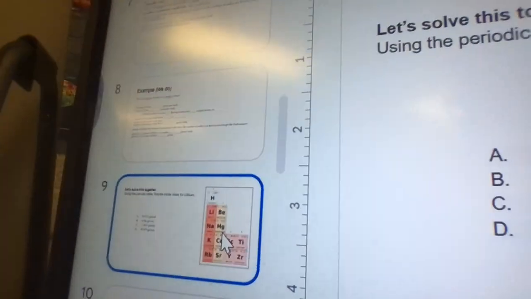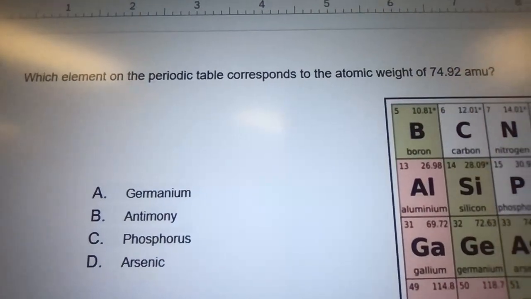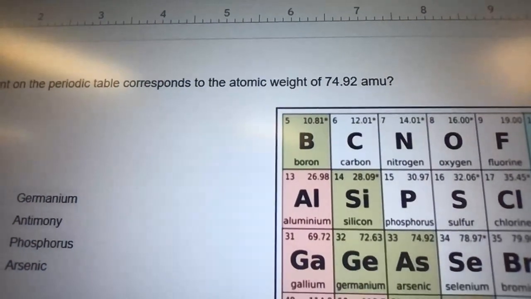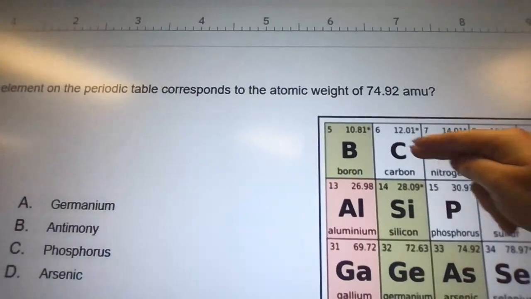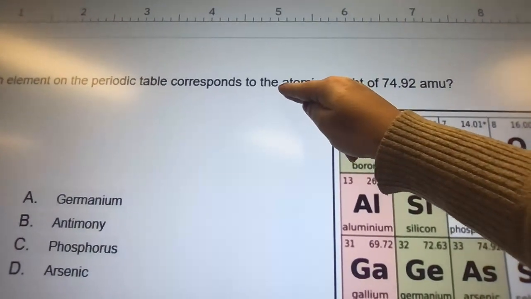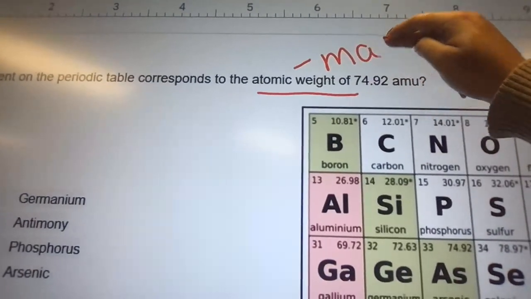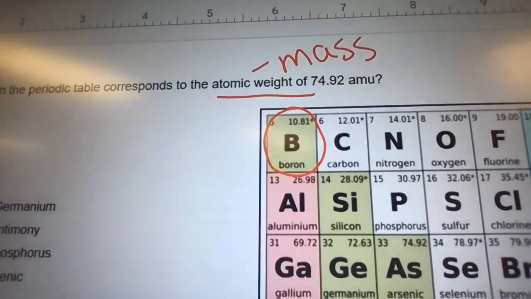The same thing for the next one. Now in this one, you're going to find the atomic weight. Atomic weight is the same thing as your atomic mass. Meaning that when you go to your element, this is a different one, this is boron.